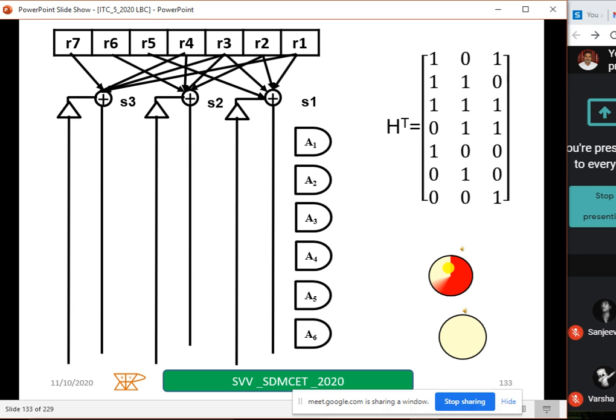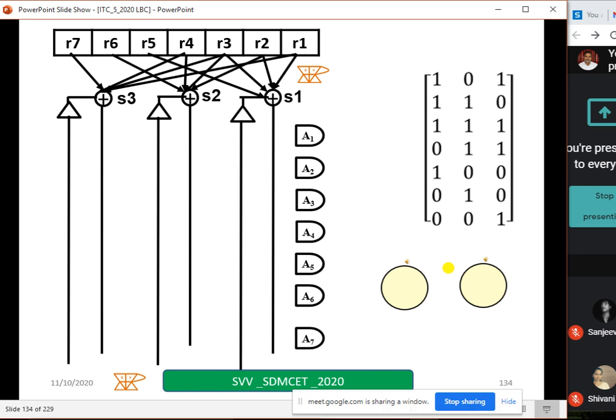Let me check what I have done. Write down the AND gates up to A7.